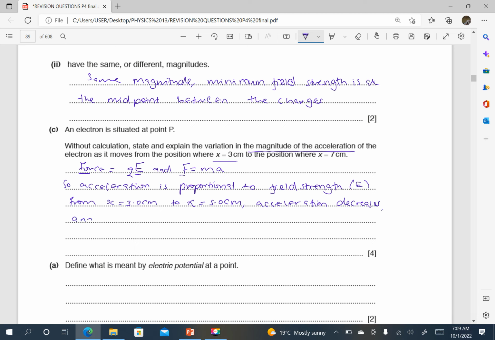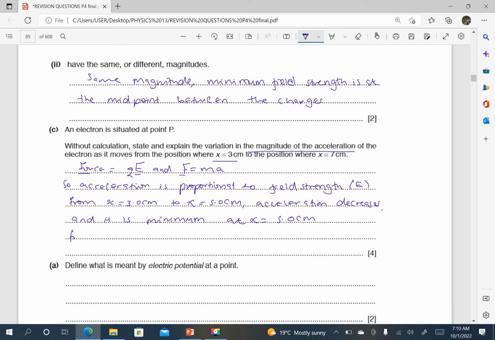And it is minimum at x equals 5.0 centimeters.